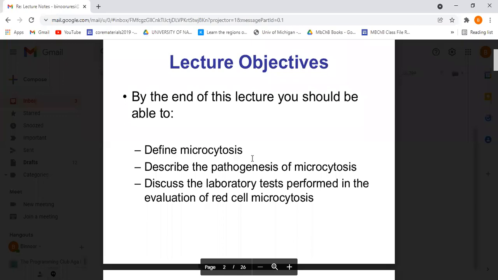So it's just defining what causes the microcytosis. We might talk about the common causes, and a few clinical features before we go into the laboratory tests. When you come back in your third year, we shall address the more clinical aspects. For now, it's basically the basics about microcytosis.